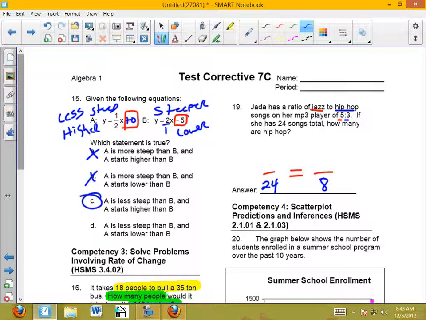You can put it under each fraction. Out of the 8, we're looking for hip-hop. How many are hip-hop? 3x. So this is 24 times 3 divided by 8. How many do you get? That's right, 9 hip-hop. So she has 9 hip-hop songs.